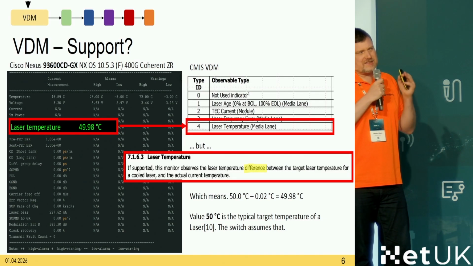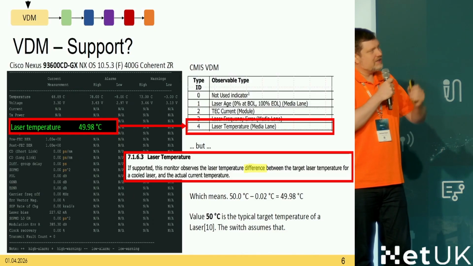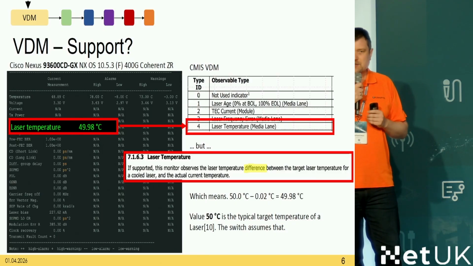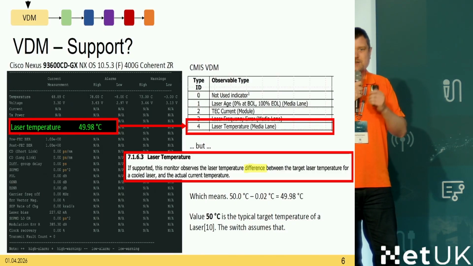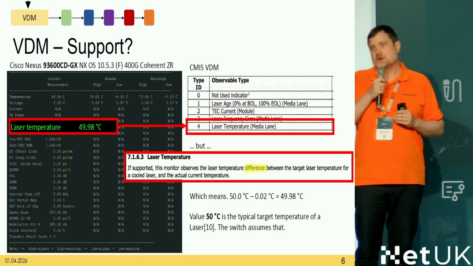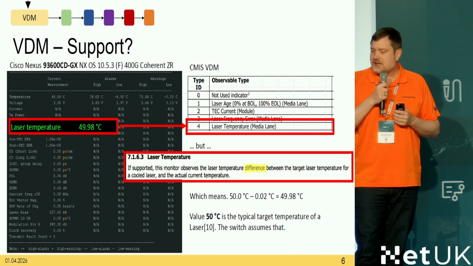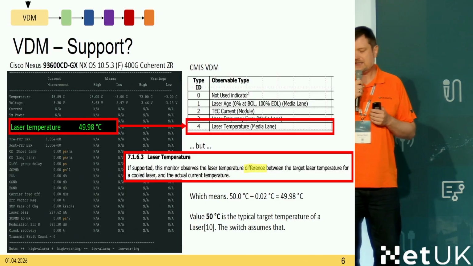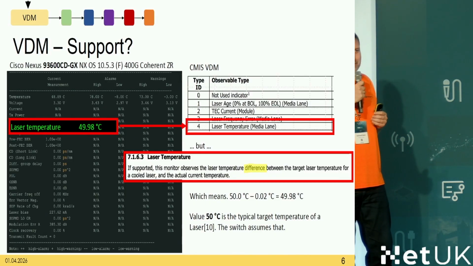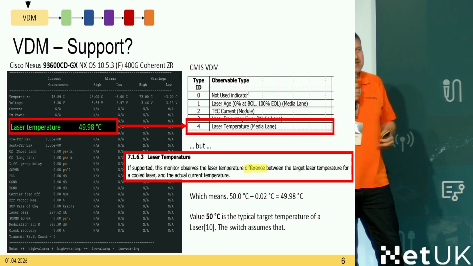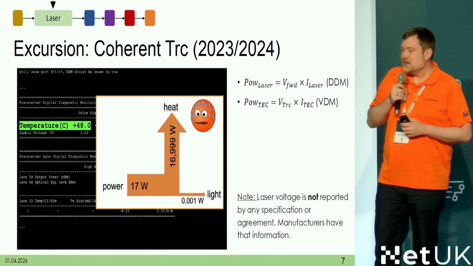Keep this in mind. They only let you calculate the difference to a target temperature that is never indicated. If you want to know the target temperature, the temperature of the laser where it works at optimum state, you have to ask manufacturers or look in some data sheets and get this value. So I find it quite interesting that Cisco is able to give you that absolute temperature. I guess they have a database, just look it up and then calculate the difference, and that's it.